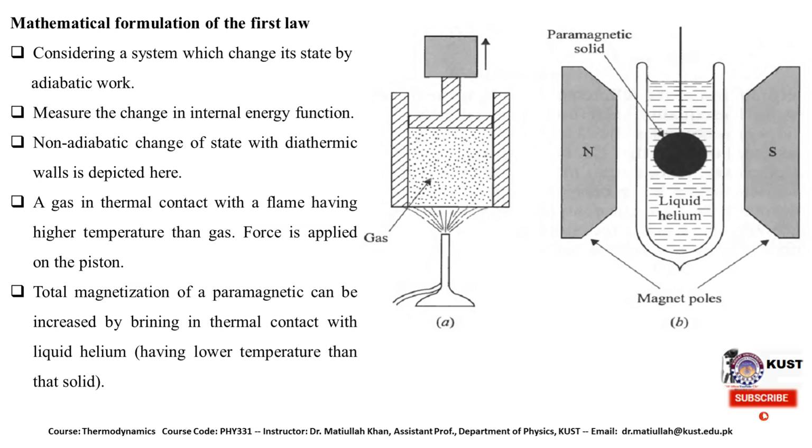But in both cases we see that the temperature of the flame is higher than the temperature of the gas enclosed inside the cylinder, and similarly in the other example, the temperature of liquid helium is lower than the temperature of the paramagnetic solid. So as a result of this difference of temperature, the heat flow will continue until both the bodies achieve the same temperature. So in some cases work is done, but in some cases not, depending upon the external conditions.